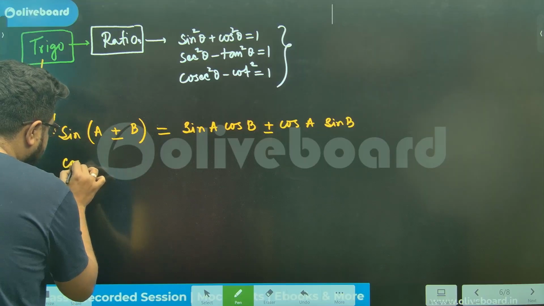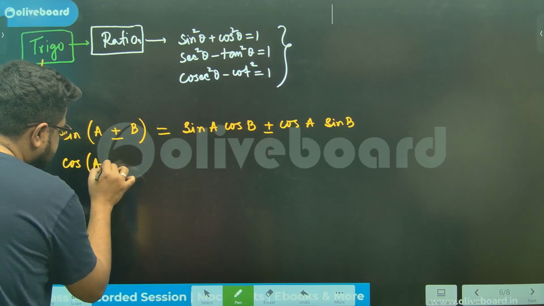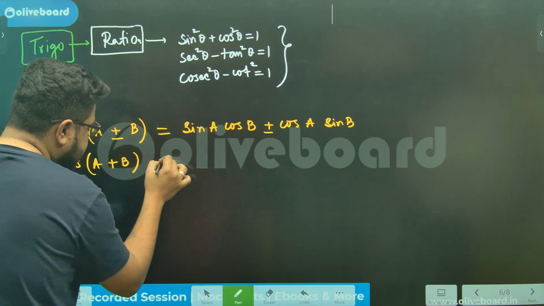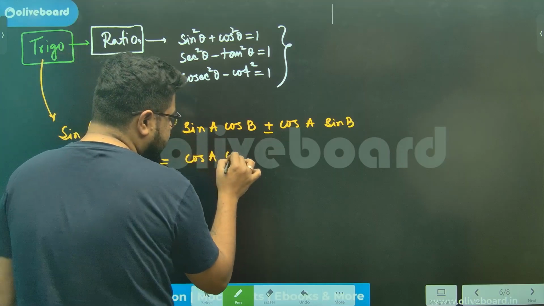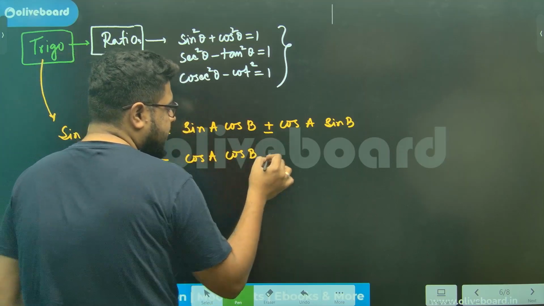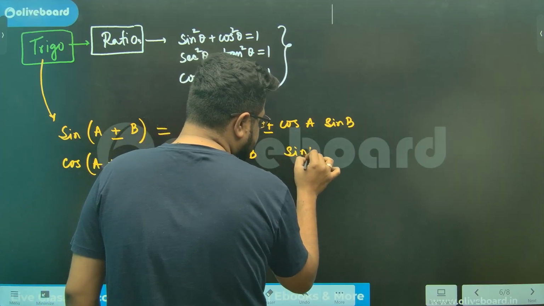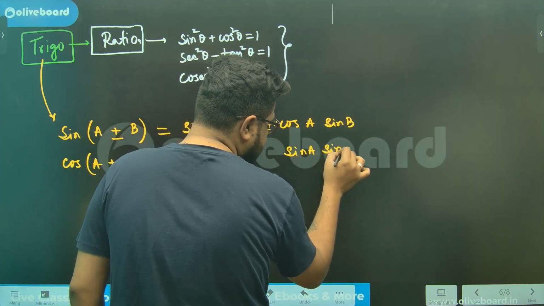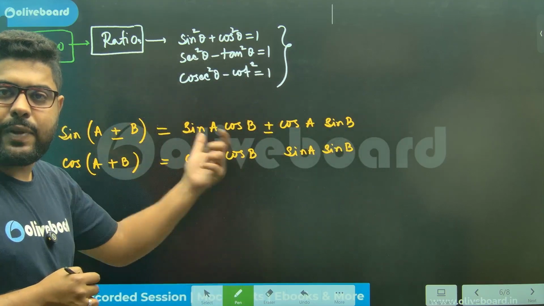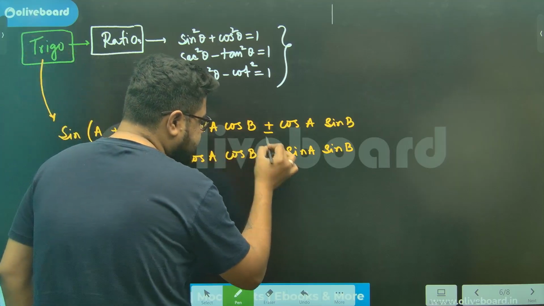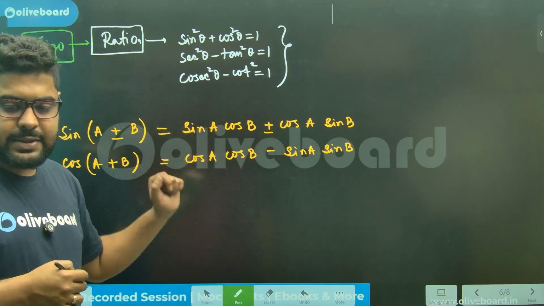Similarly, we can do the same thing for cos(A plus B). But again, there is a slight change. Cos(A plus B) is cos A cos B, and this one will be sin A sin B. Now the problem is, if it is plus in cos(A plus B), it will be minus here. This will be minus.